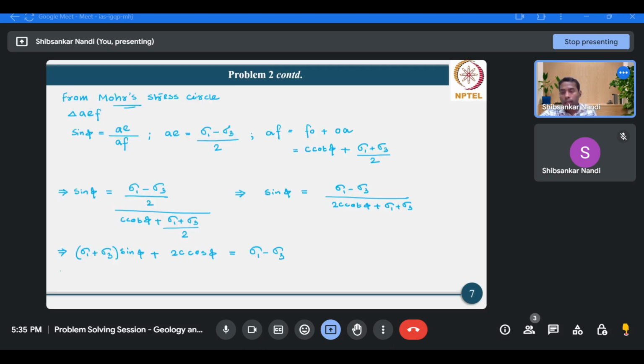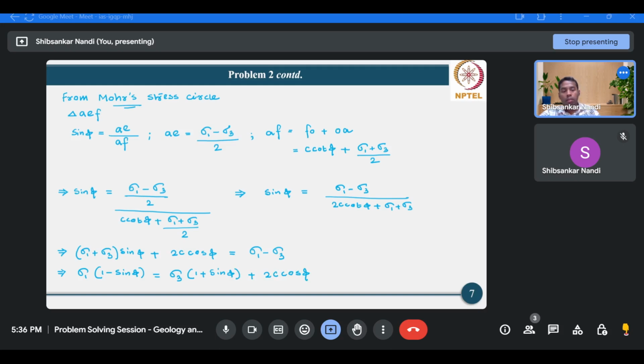Now if we take sigma 1 as common, it will be sigma 1 times 1 minus sin phi equals sigma 3 times 1 plus sin phi plus 2C cos phi.